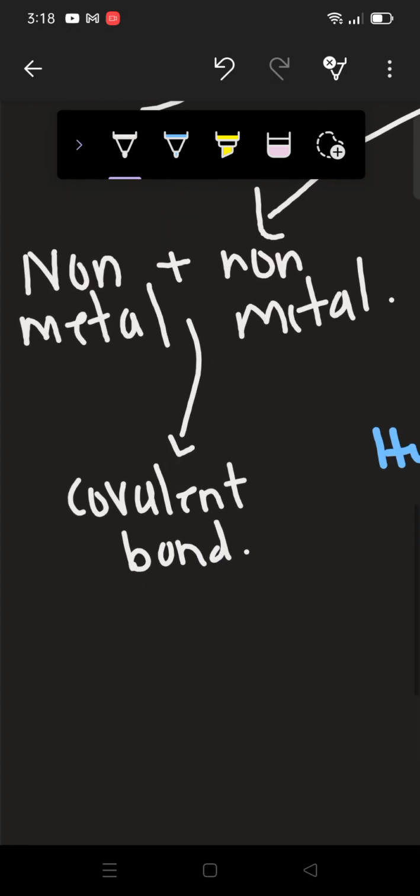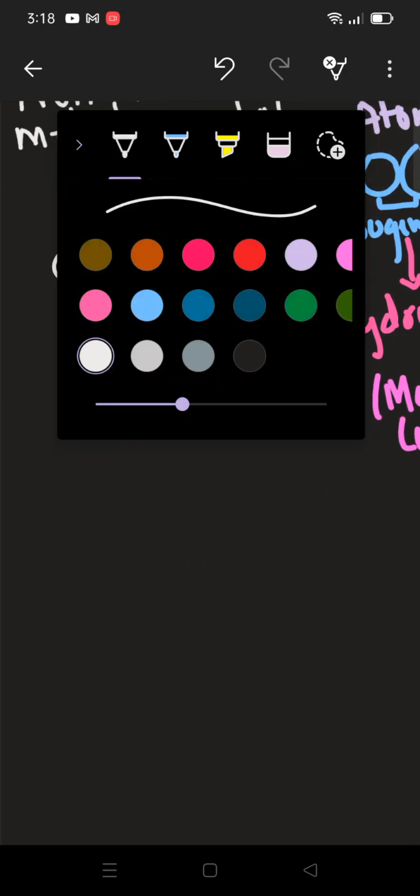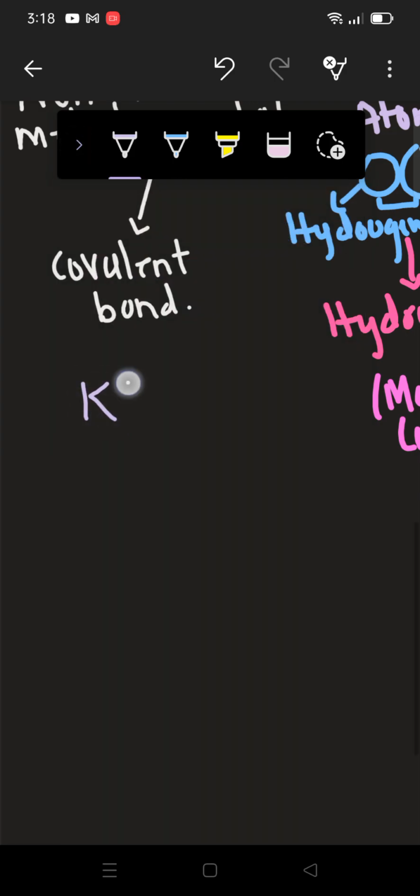However, if you have one metal and another is non-metal, there would be an ionic bond. For example, I have potassium iodide, KI. K is for potassium, and this is iodide.